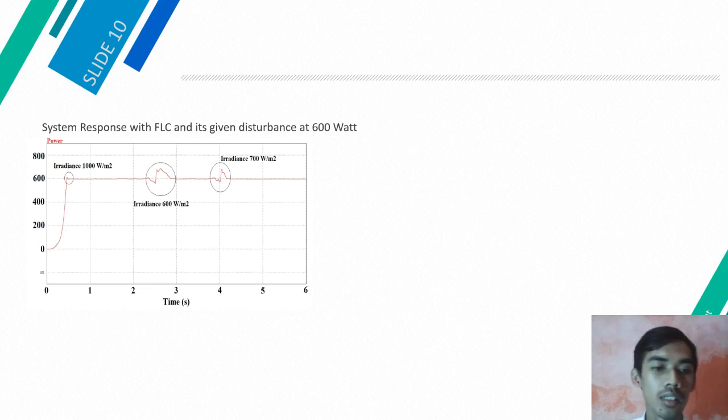It can be seen that at 2.5 seconds there is instability in the response of the system. Then at the 4th second it is disturbed by reducing the irradiance to 600 watt per square meter. It can be seen that at the 4th second there is instability in the response of the system. However, after the instability, the power output is stable at the set point.